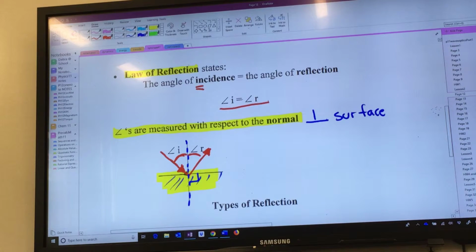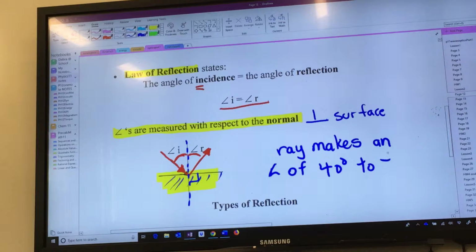So on a test, you might get told the ray makes an angle of, let's say, 40 degrees to the mirror. And the question is, what's the angle of reflection? Now, that looks like, oh, 40 in, 40 out.